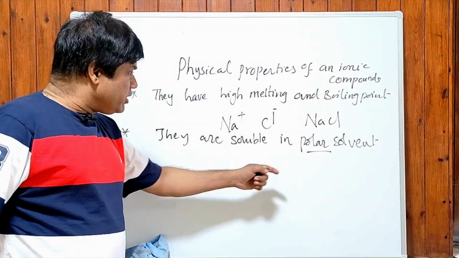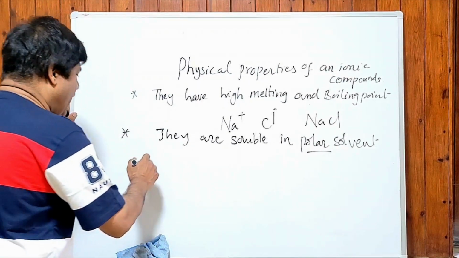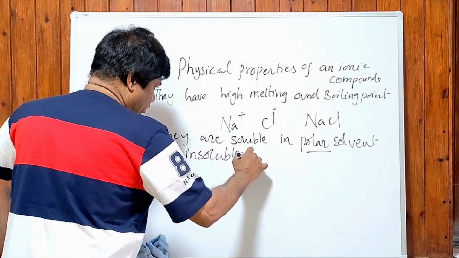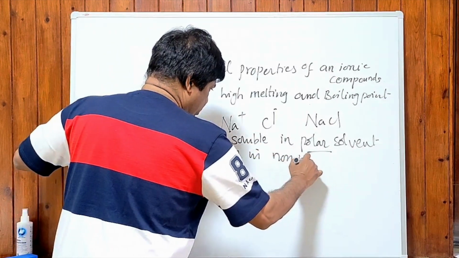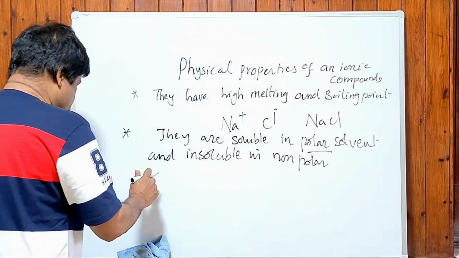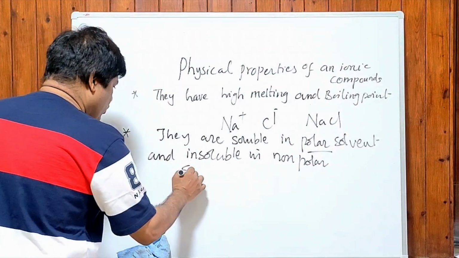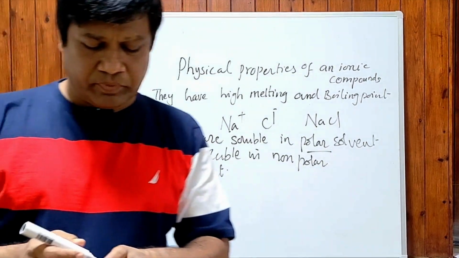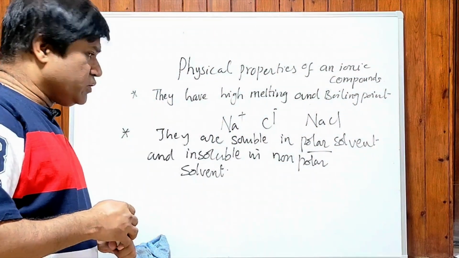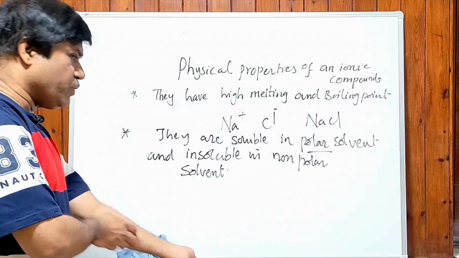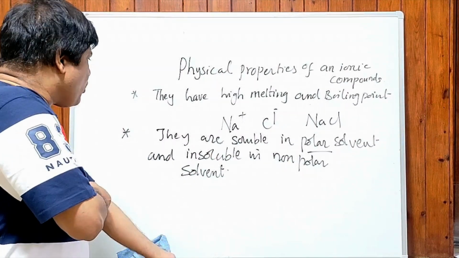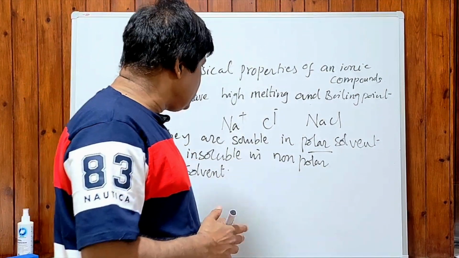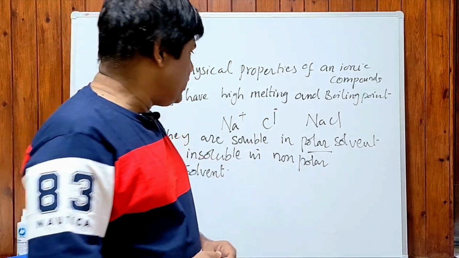So they are all soluble in water and insoluble in non-polar solvents. Can you give me an example of a non-polar solvent, guys? Benzene, carbon tetrachloride, propanone. So all ionic compounds easily dissolve in polar solvents like water.